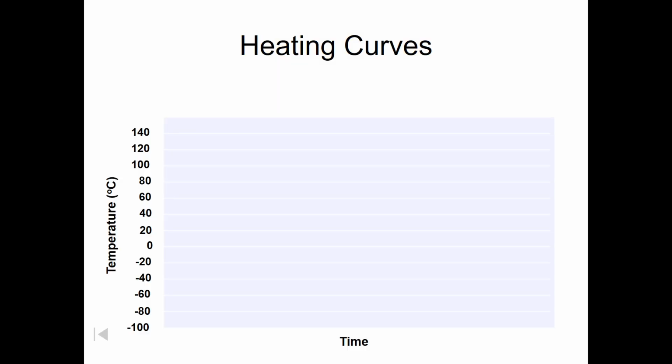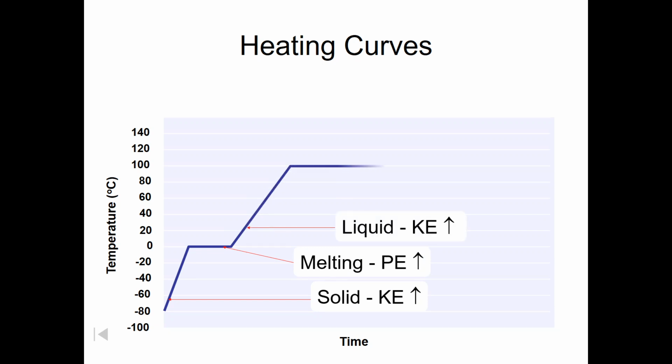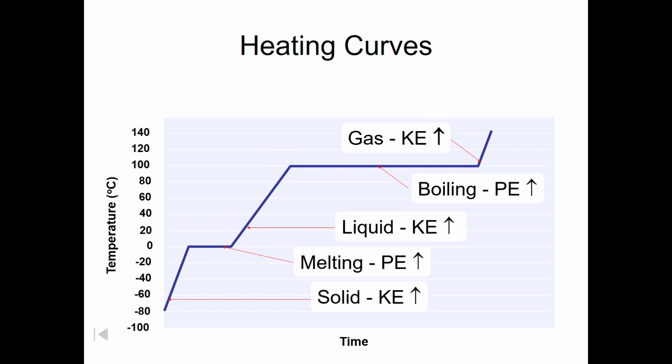So, heating curves. We should all be familiar with heating curves. During the solid phase, when we're heating it up, only the kinetic energy is increasing. During the melting phase, it switches to where we're increasing the potential energy.